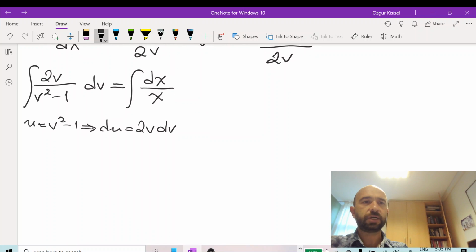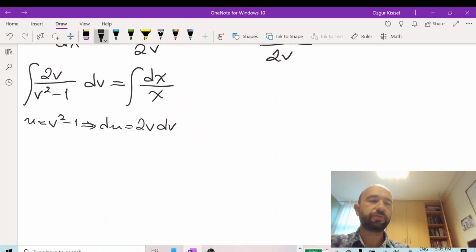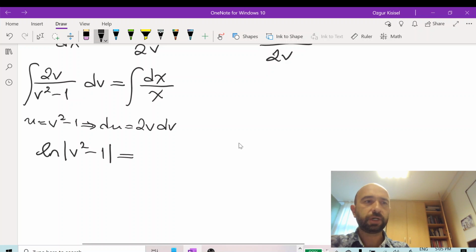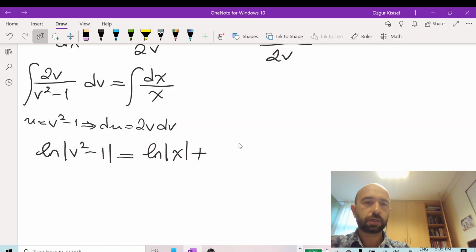So the left-hand side integral will just give you integral du over u, which is equal to ln absolute u. Let me write in terms of v. And the right side is ln absolute x. And I should put a plus c somewhere. Okay. Things went well so far.